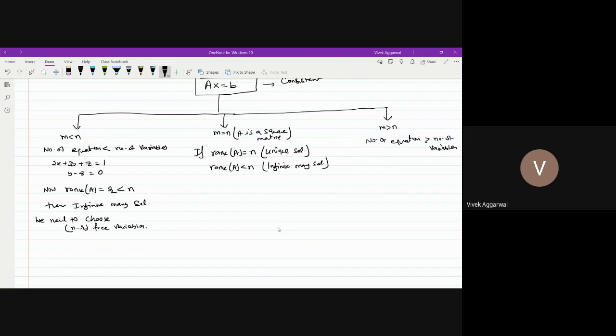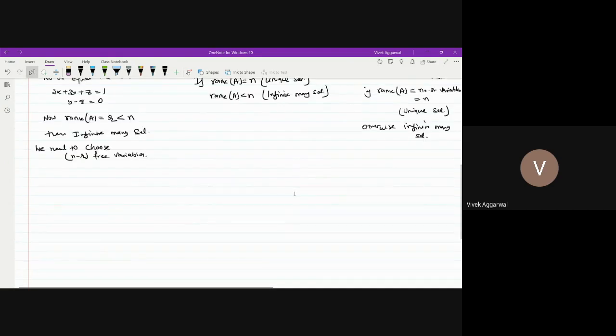In this case, if the rank of the matrix A is equal to the number of variables, that is n, because m is greater, then we have a unique solution. Otherwise, infinitely many solutions. So this is the theory of how we can deal with a system of equations.